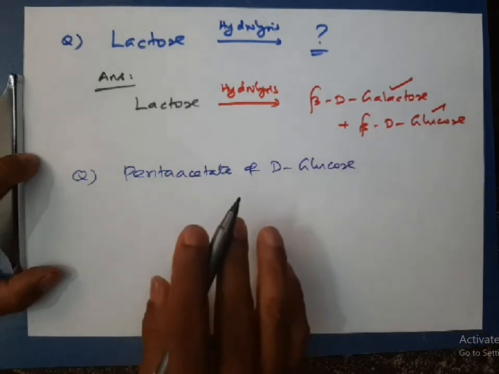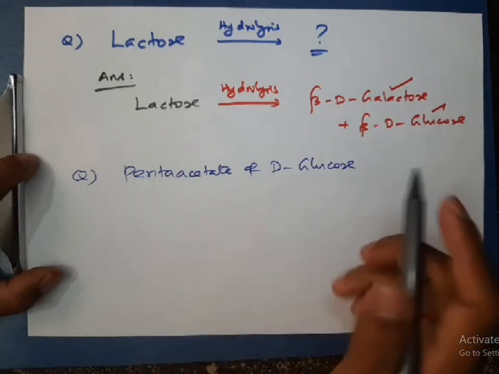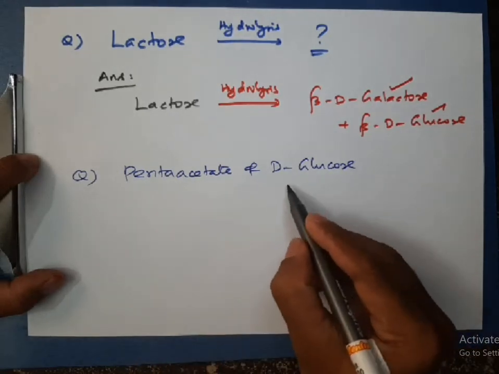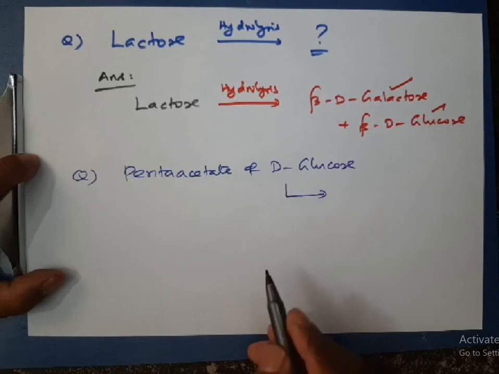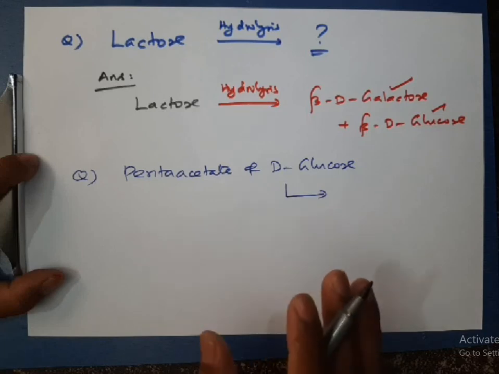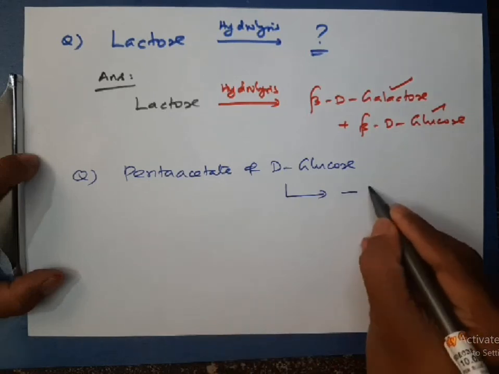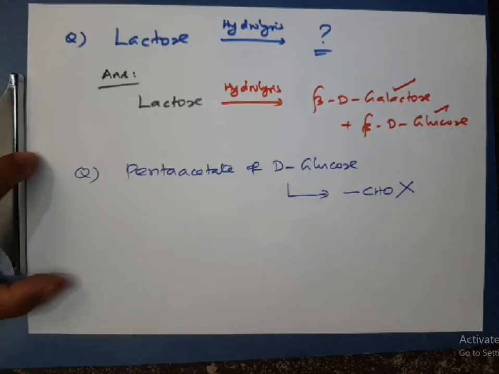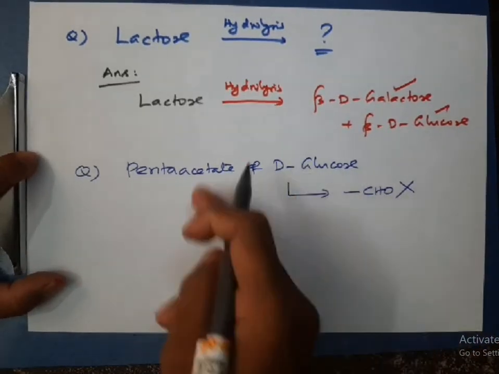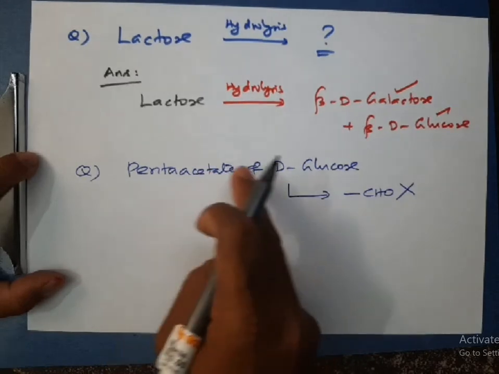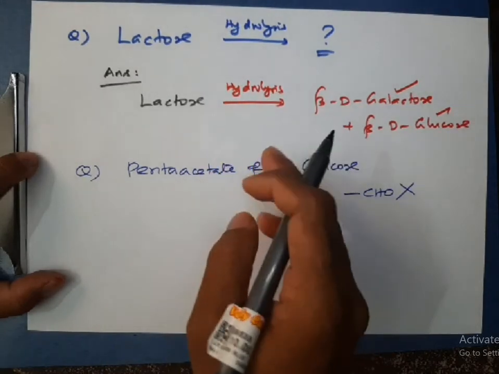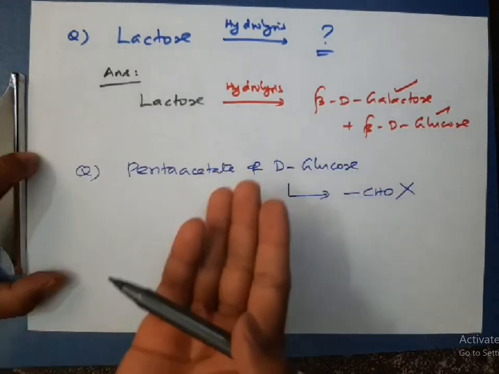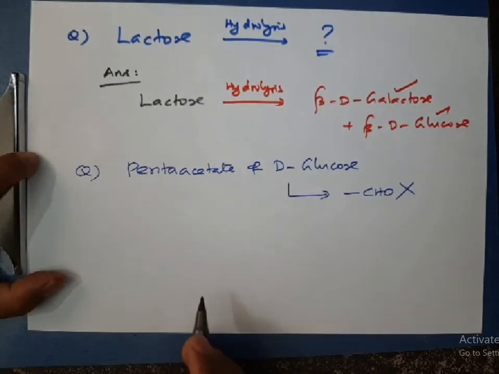I have already told you, the pentaacetate of D-glucose does not contain a free aldehyde group. How to prove this? Because it is in cyclic structure. D-glucose in cyclic structure, when it reacts with acetic anhydride, forms the pentaacetate derivative.